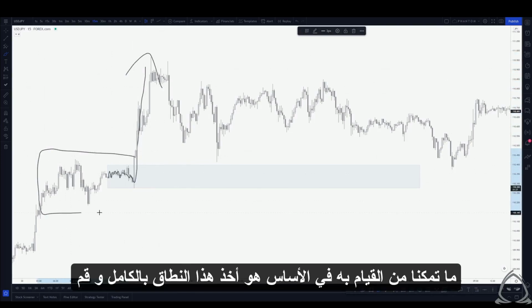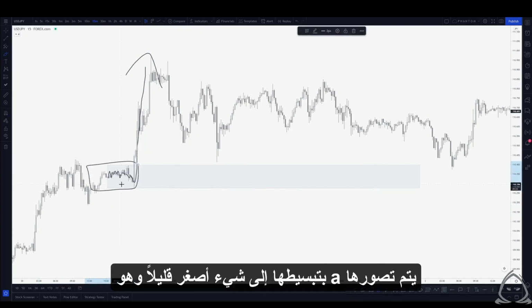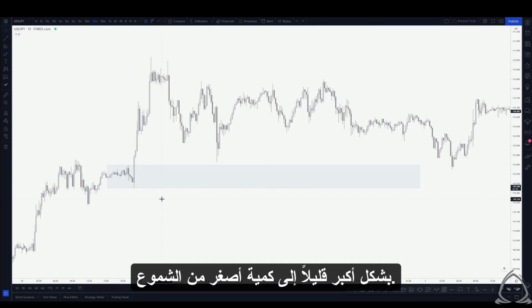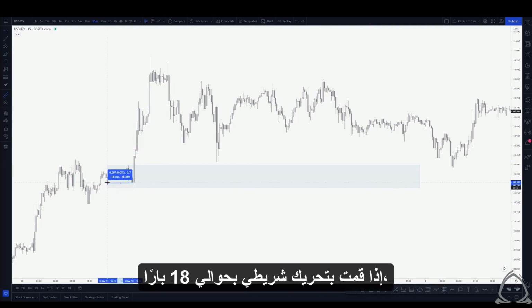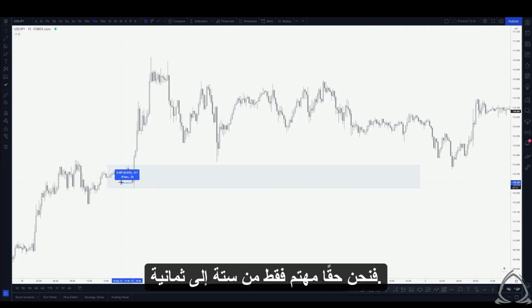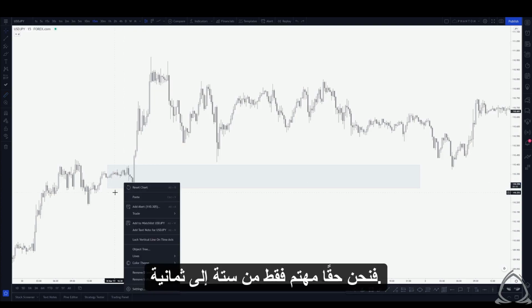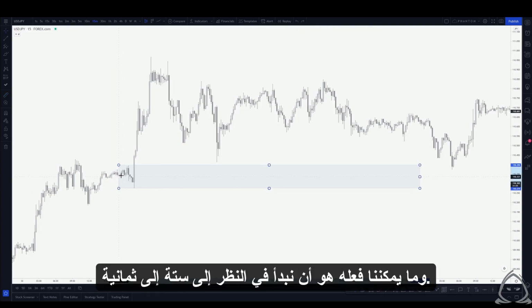Basically what we've been able to do is take this entire range and simplify it to something a little bit smaller, something that's a little bit more conceptualized into a smaller amount of candles. Although again, if I just move my bar, we have about 18 bars. We're really only concerned about 6 to 8. And what we can do is begin to look at the 6 to 8.